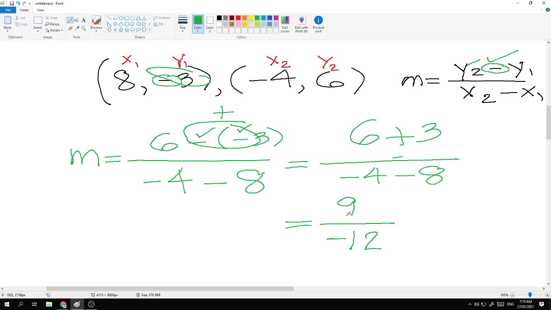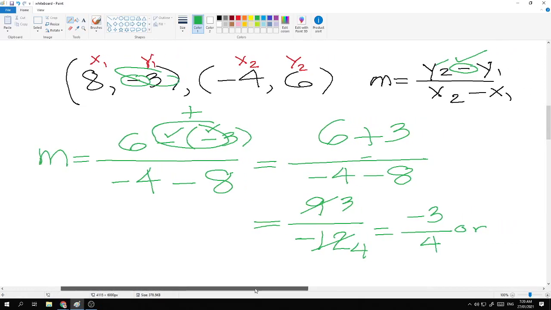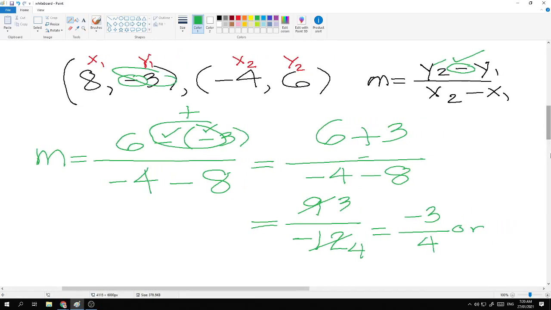What is common? Common is 3. So this is 3 and this is 4. Negative 3 over 4, or you can write it by aligning the negative sign. We have negative 3 over 4.